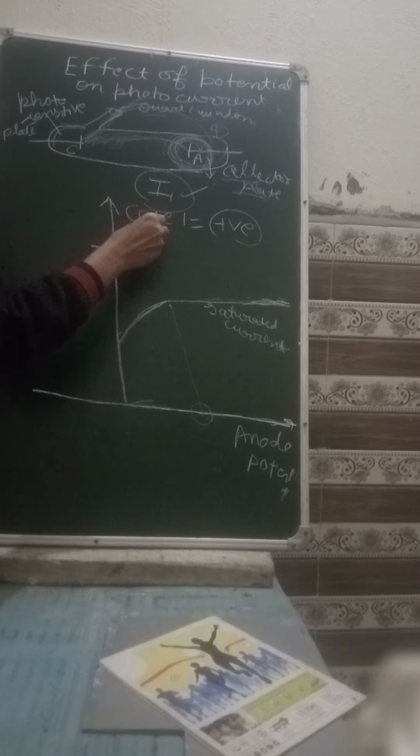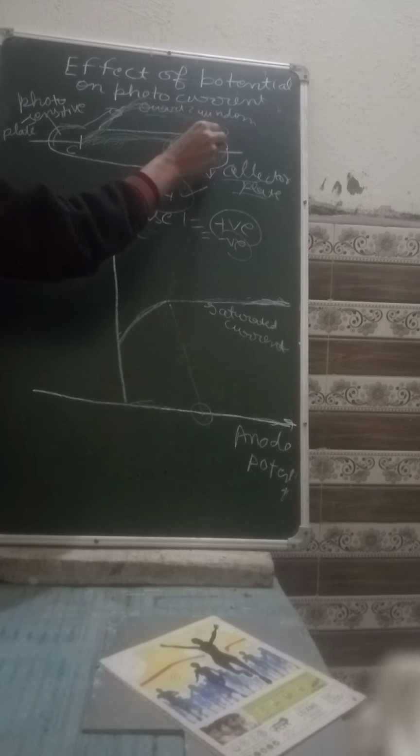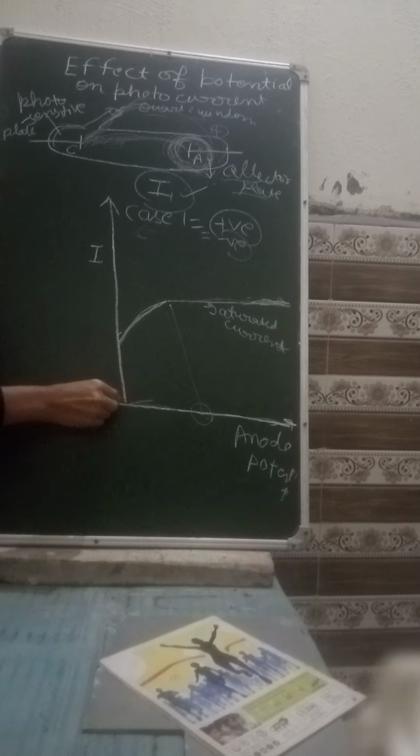Now we will reverse the case. We will make case 2. In case 2, we make the collector plate potential negative compared to the photosensitive plate, meaning we decrease the potential of this plate in the negative direction.